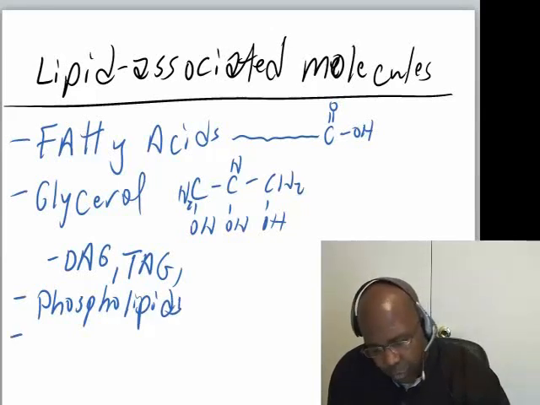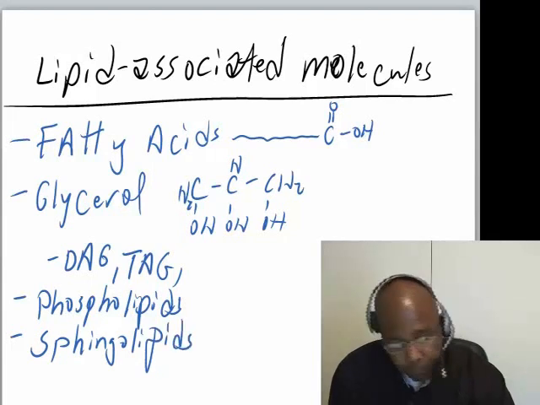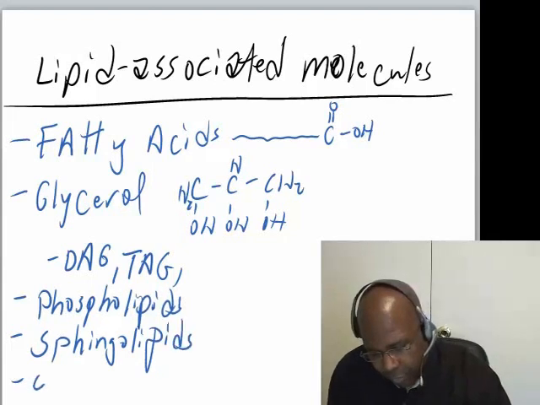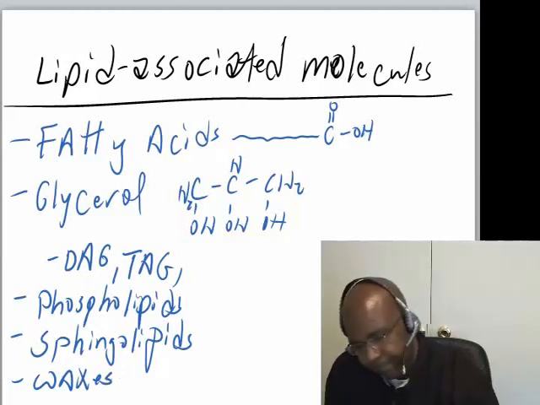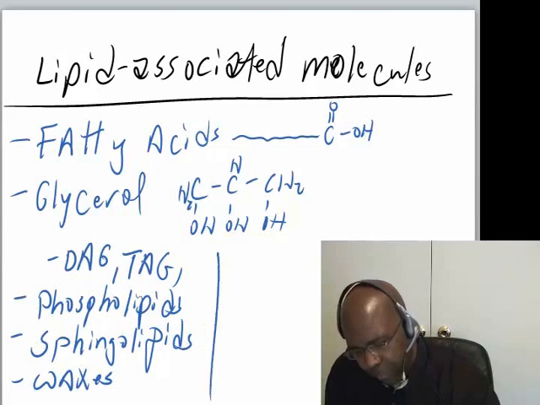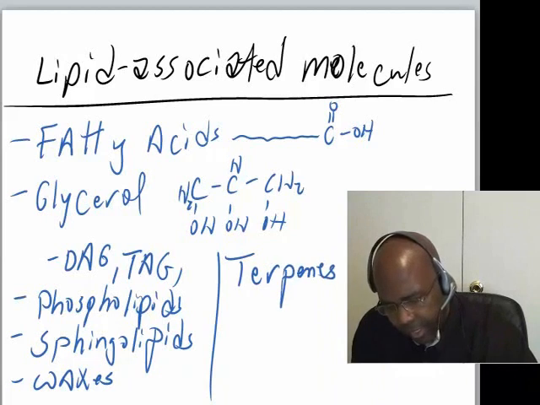Other molecules that we'll discuss later: sphingolipids, waxes. Waxes are considered lipids. And then some other molecules that we'll discuss: terpenes, and lastly, steroids.